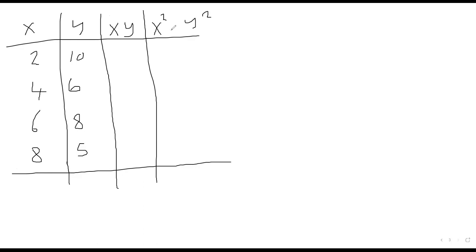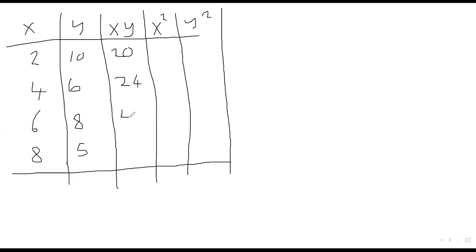Quickly. xy is x by y, which is 2 by 10, to give us 20. Same with 6. 6 by 8, 48.